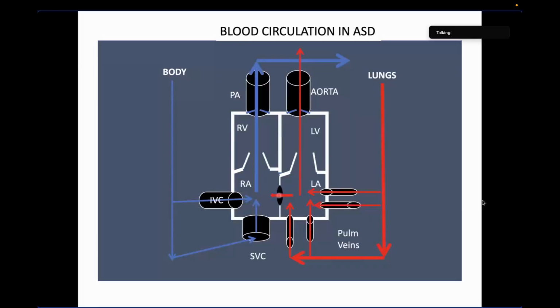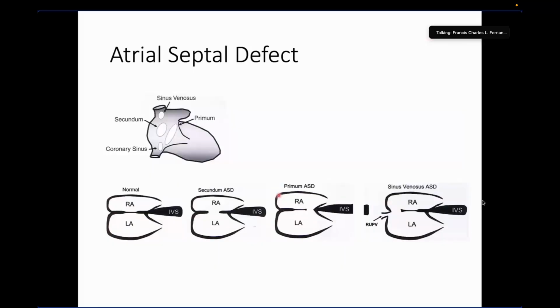No? So in ASD, ito nga yung sinasabi natin normal, secundum type, yung gitnang-gitna, primum, closer to the inferior interventricular septum sa baba and sinus venosus sa ibaba. Okay. So this is what it looks like: sinus venosus, the secundum type and the primum, and your coronary sinus in the back.